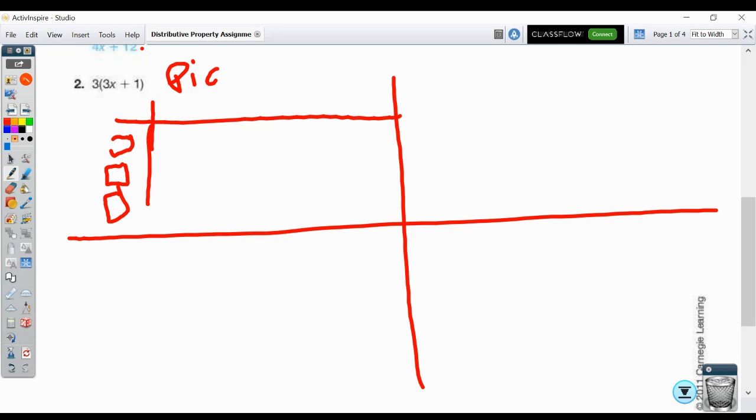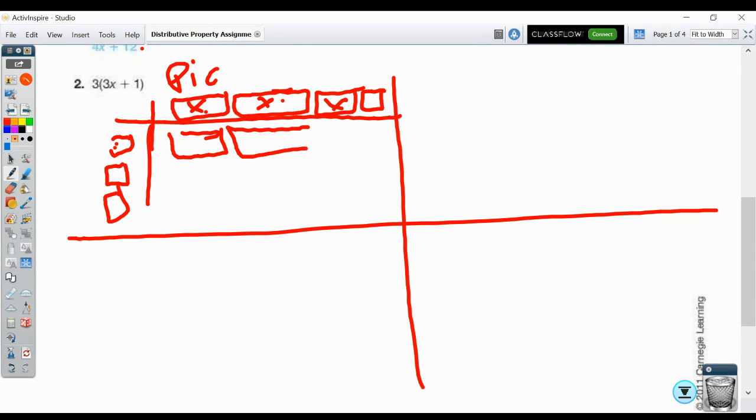And if I head over here, I'd have had an x, and then another x, and then another x, and then a 1. And so if I were to look at this, I would have 1 times x gives me an x, 1 times x gives me an x, and 1 times x gives me an x. Like x, x, x, and then I end up with 1 times 1 is 1. And then I do the same thing again.